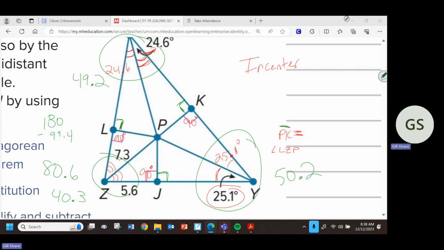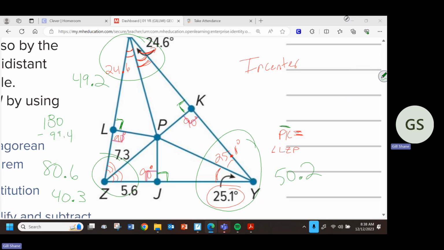What is the main concept? What do I know about the incenter? In your book, read the definition of incenter. It's in that little box where it's like a theorem or something. Somebody just said it.